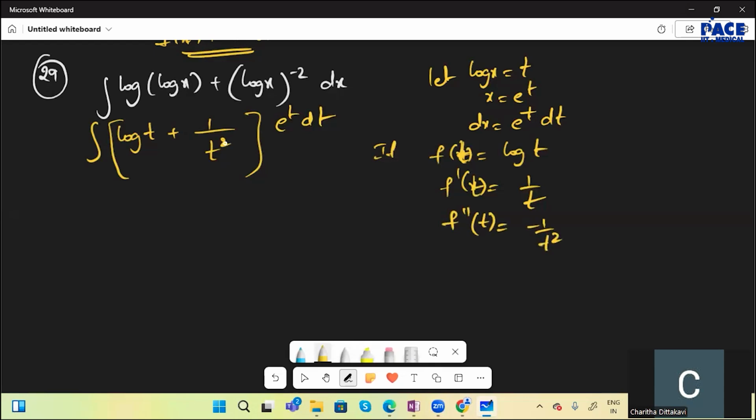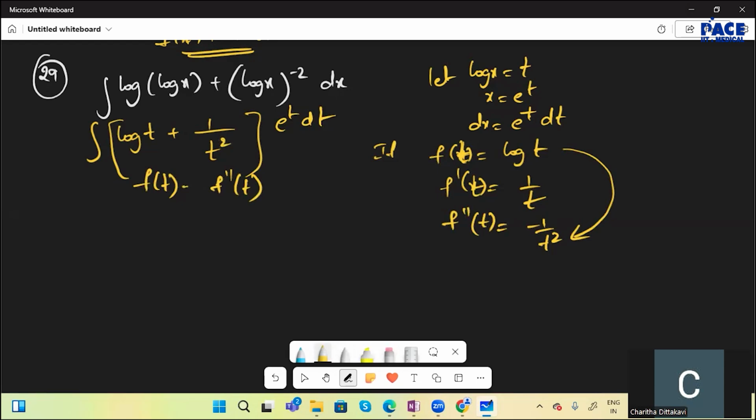Wonderful, we got it. So this is my f of t plus f double dash of t, but you have a minus difference there, so it's a minus of minus.